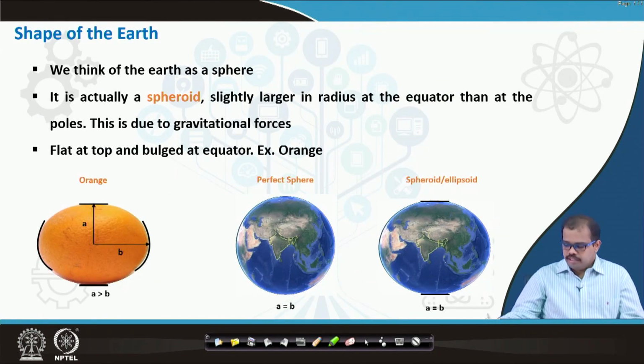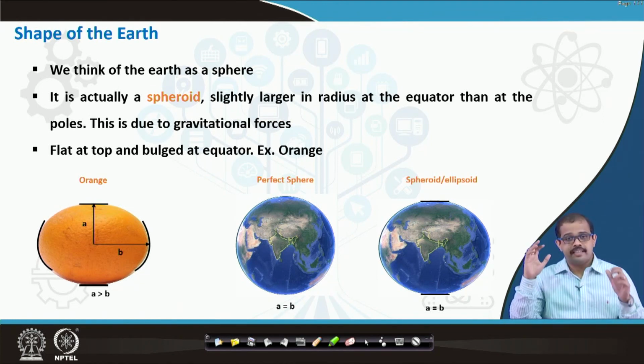So first let us understand certain very important aspects. When we normally look at Earth, the way we are taught is Earth is a sphere, right? But when you look at Earth's surface, Earth is basically not a sphere, it's a spheroid.